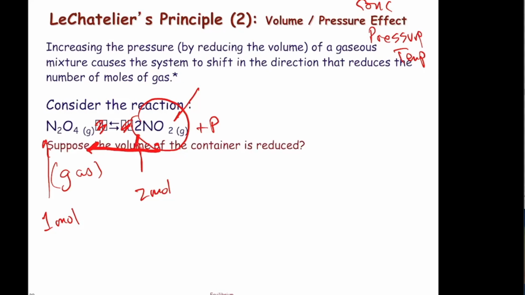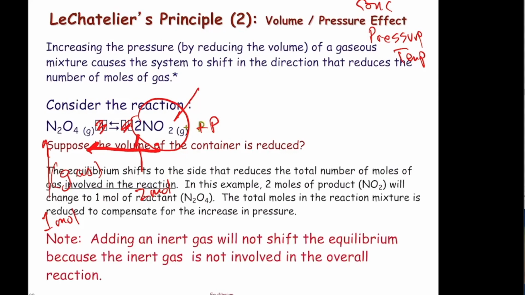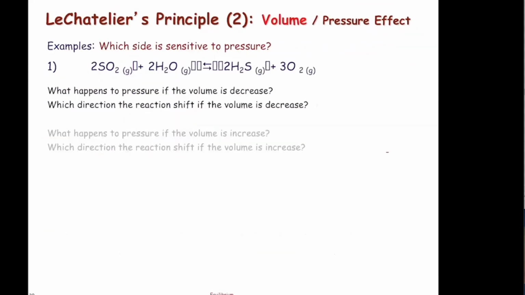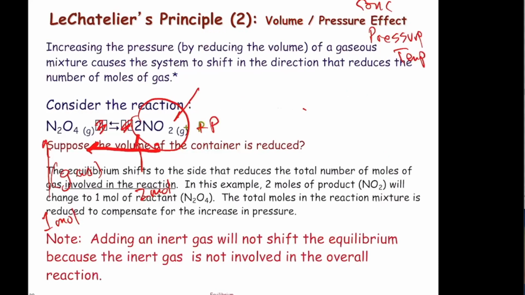Now, let's take a look at this analogy in terms of pressure. Take a look at this right here. Okay, so again, we have our seesaw. This is N2O4. This is NO2. And what happens when we increase the pressure? We put a stress on that side because that's where P is found.